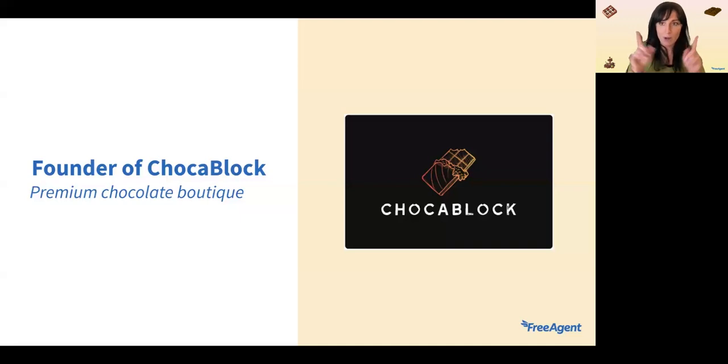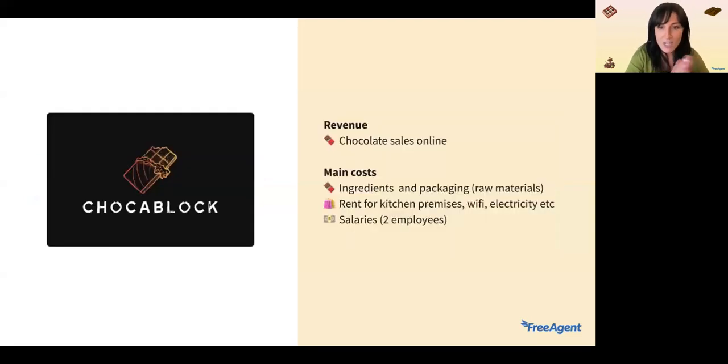Now, you might be wondering why I've got these tasty treats around me, and that's because for the purposes of today's webinar, I am not the group product manager at FreeAgent. I am actually the founder of Choco-Block Premium Chocolate Boutique. It's a simple shop. We sell chocolate online. I make my own chocolate, and my revenue comes from sales online.